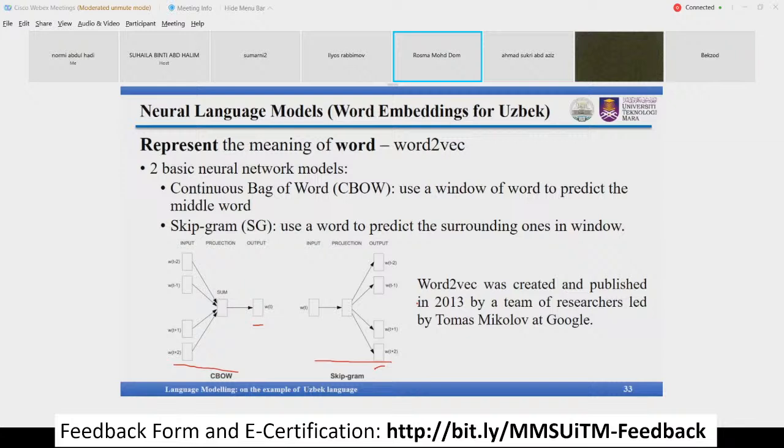For CBOW, you have one hidden layer. For skipgram, you have one hidden layer, right? Yeah, thank you for the question. If we increase the number of hidden layers, accuracy perhaps may increase.